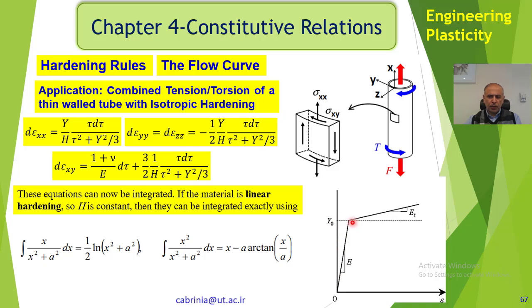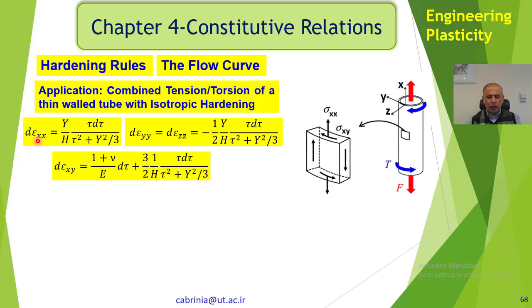That's the initial yield, and that's the plastic. Now here I have used linear hardening. Of course, we could use a non-linear hardening, but linear hardening is easier. So I can integrate it like this. Using this relationship, I can integrate these three equations to get the plastic strains. So that's what I've done here.